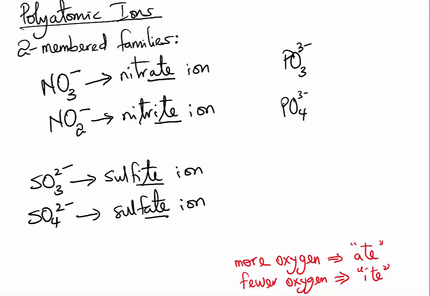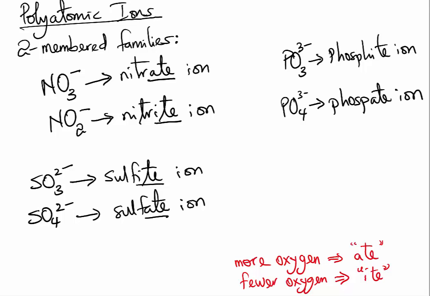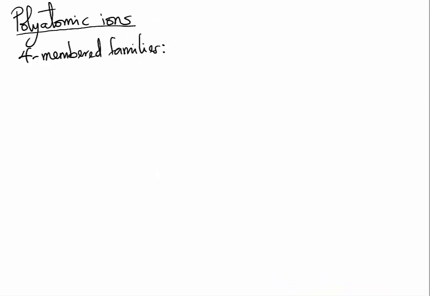PO3 is the member of the family with fewer number of oxygen, so its name will be phosphite ion. PO4 is the one with more oxygen in it. Its name will be phosphate ion. Those are the two-membered families. Let us now move on to four-membered families. There are no three-membered families.